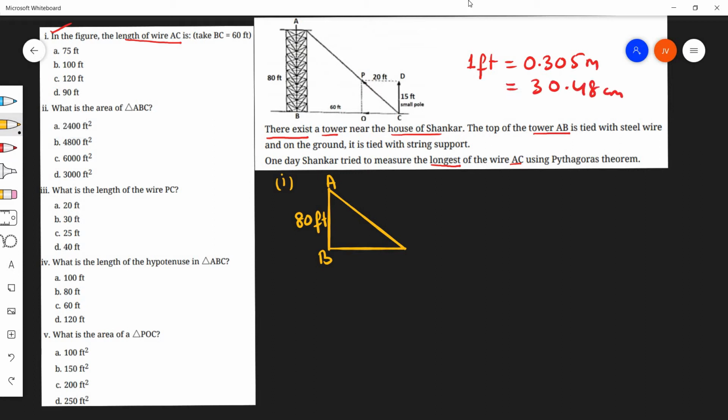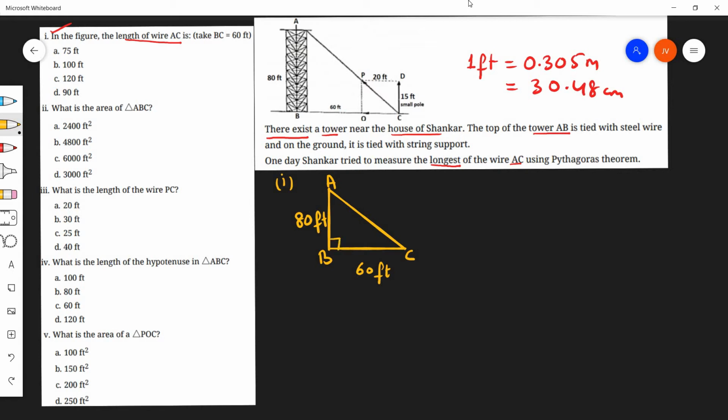We can give the answer in feet because the choices are also in feet. And C is the point where the steel wire connects the top of the tower to the base. We are given BC as 60 feet. In the question, BC is 60 feet. And we have to find AC.